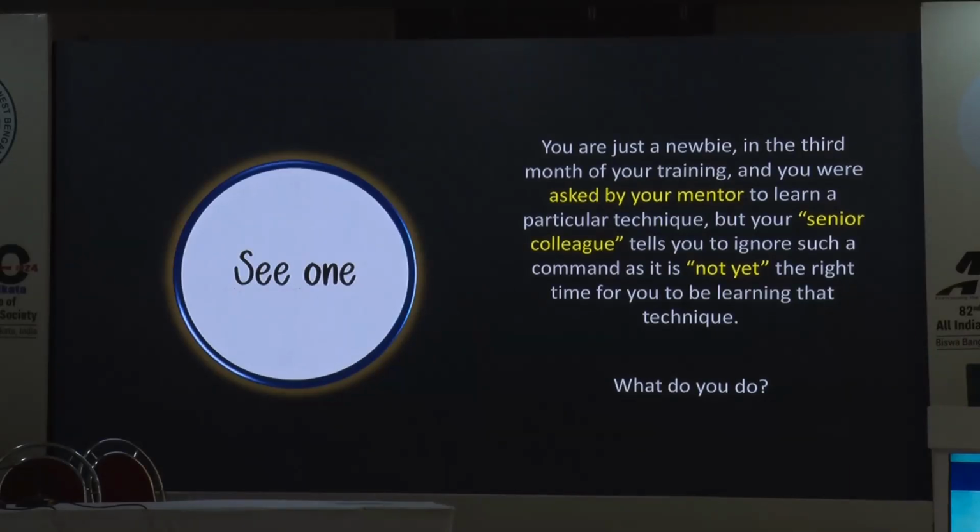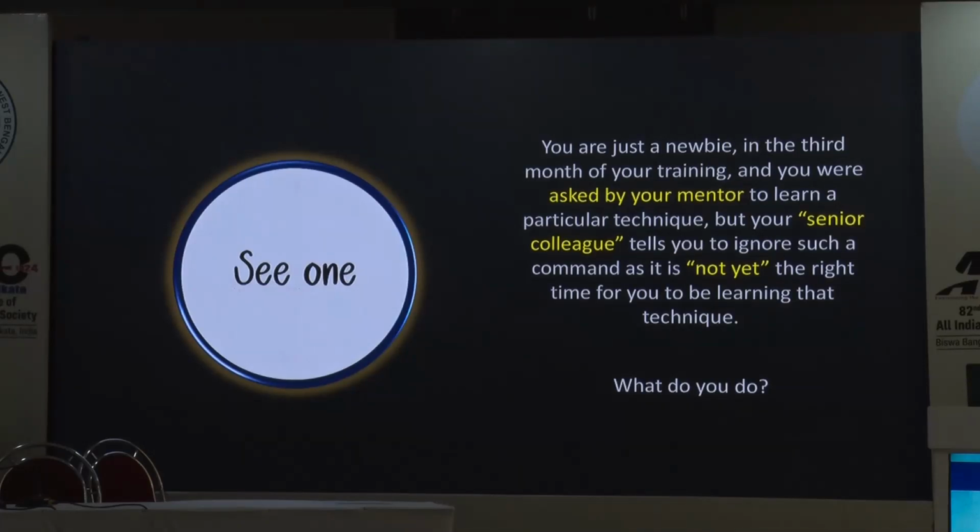I think this whole scenario should be looked at from the perspective that the learning center, or the center providing the fellowship, has serious flaws here. If I am a mentor, I have the responsibility to run the show. I have to ensure that junior or senior, all of them are learning in their best interest.